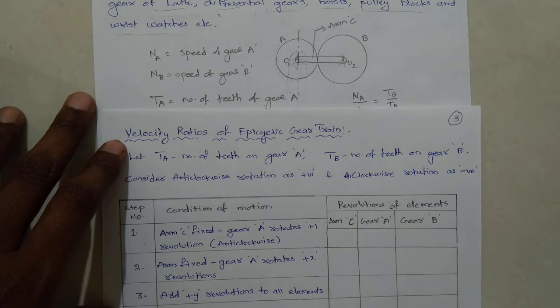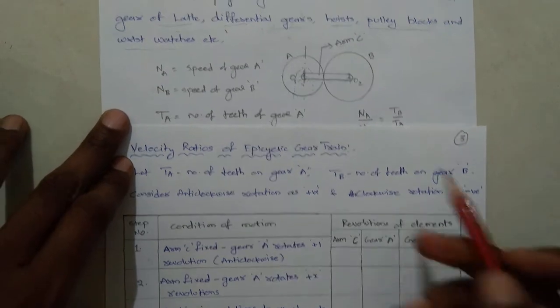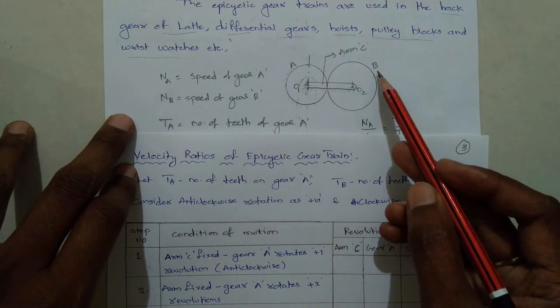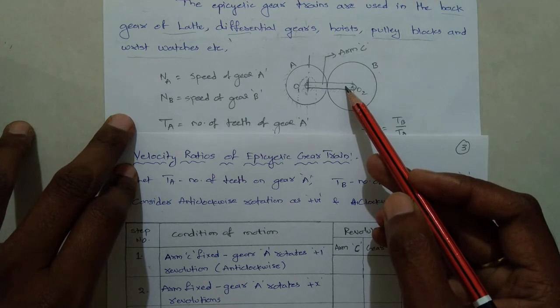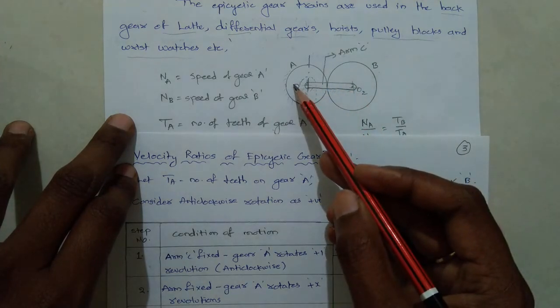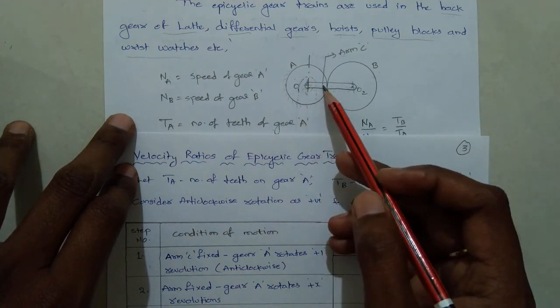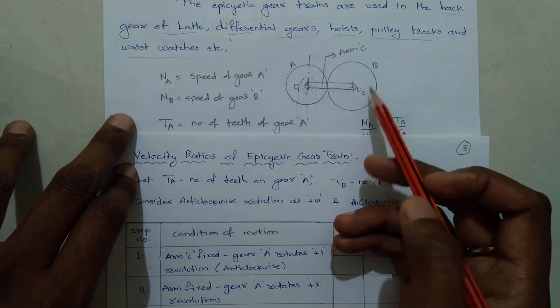For example, in this epicyclic gear train, if you know the speed NB of gear B and you know the RPM of C, then we can easily find the speed of A. Or if you know the speed of A and the speed of C, we can find the speed of B.